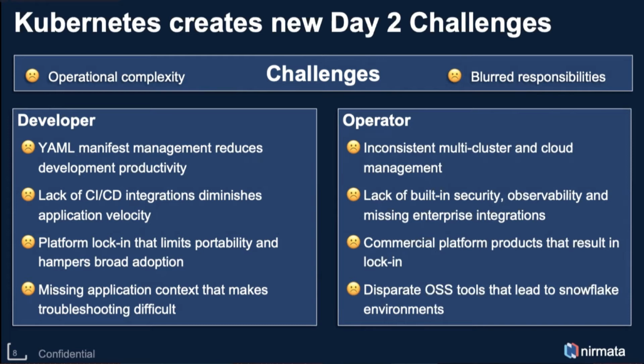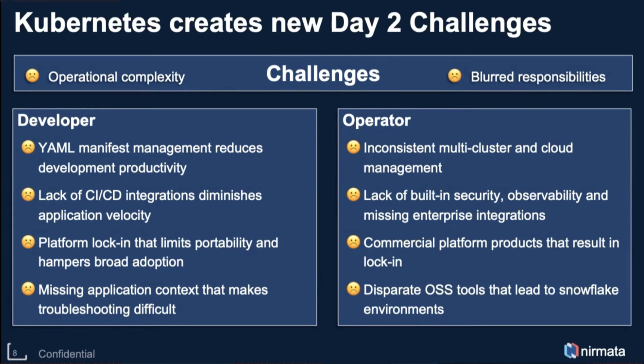Now, when it comes to operators, there are several things that operators need to work on or support, and the challenges that they face when they start to support multiple clusters, especially if these clusters are on different infrastructure. So there are inconsistencies in the way these clusters are set up and in the way they are managed.